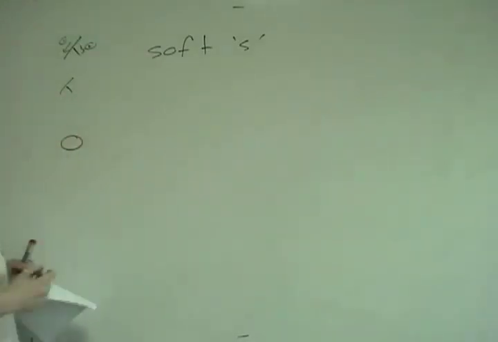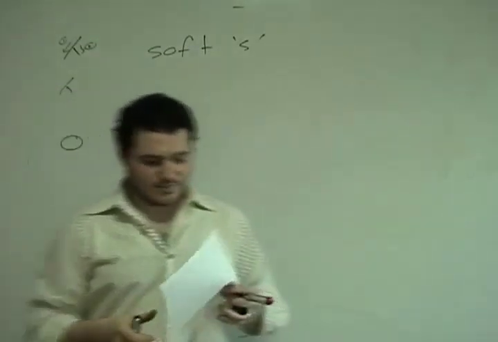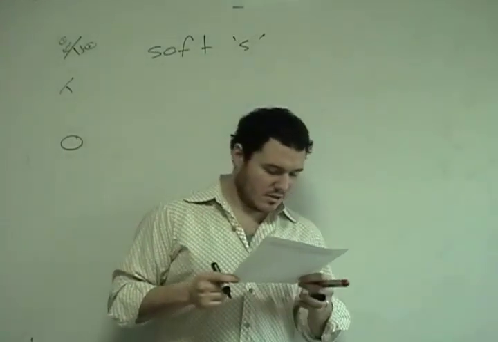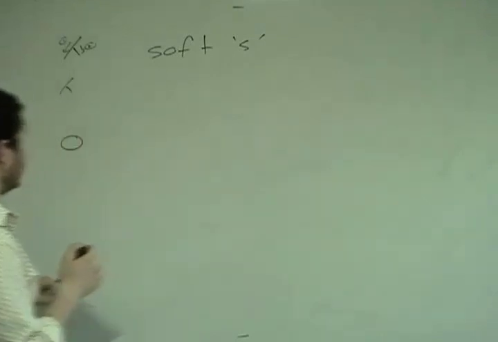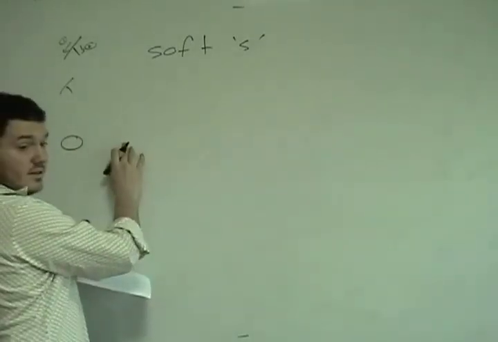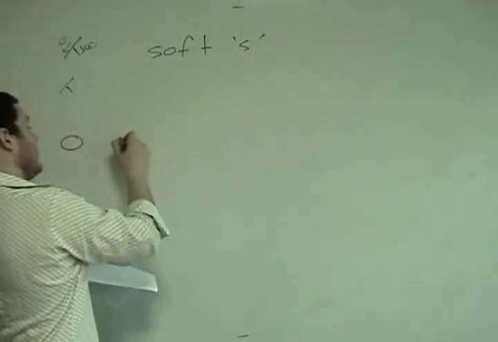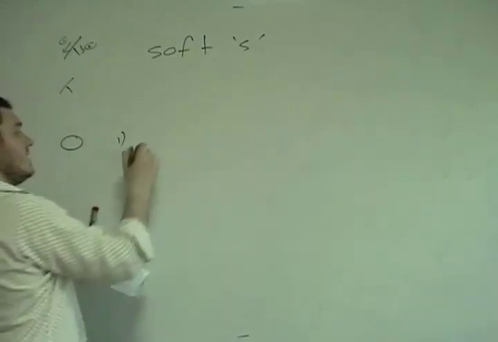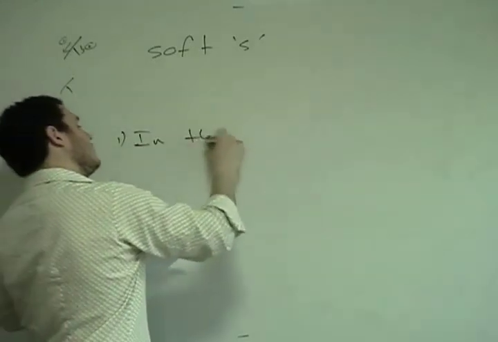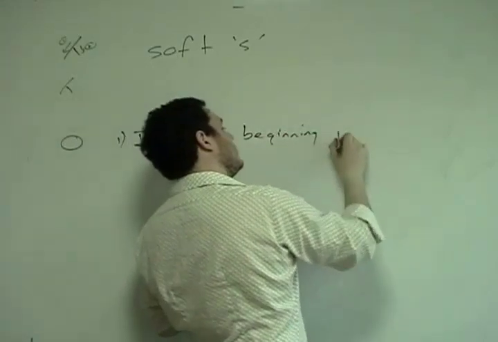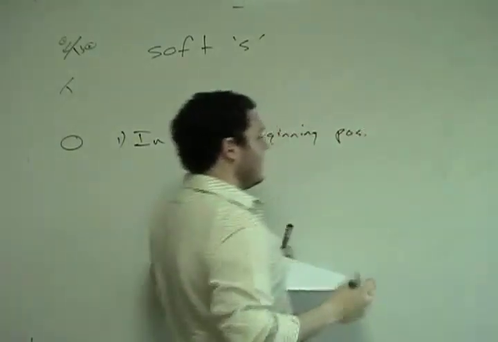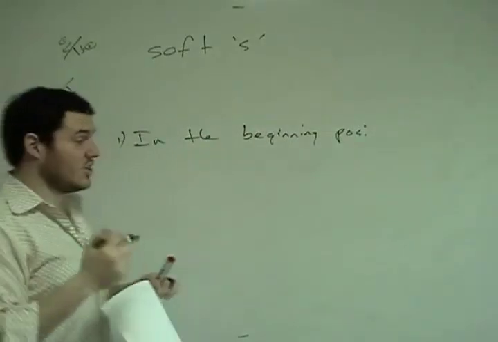The next one, make a circle. That's all. This one has a couple of cases. We've seen it in our example already. The first case is in the beginning or first position of a block.